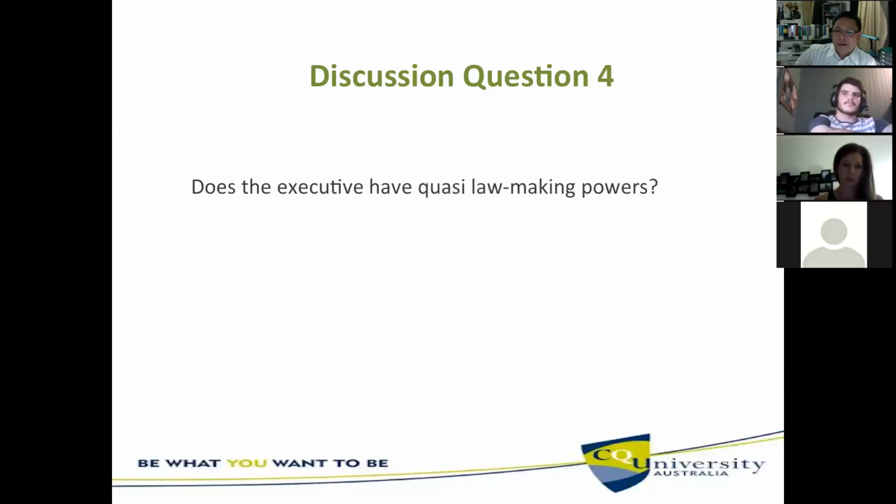Peter has it for us. In Victorian Stevedoring, it was held that the legislature could delegate power to the executive. Yes, in the Victorian Stevedoring or Dignan case, it is within the power of the legislature to empower the executive to pass subordinate legislation in the form of executive policies or directives that will thresh out the law passed by Parliament.